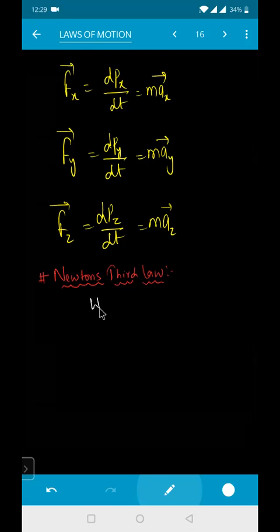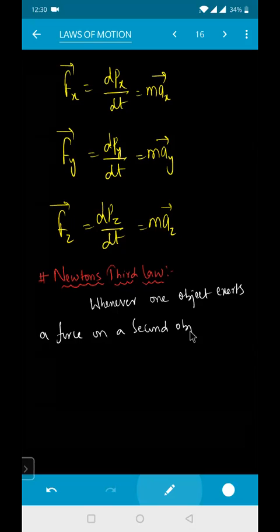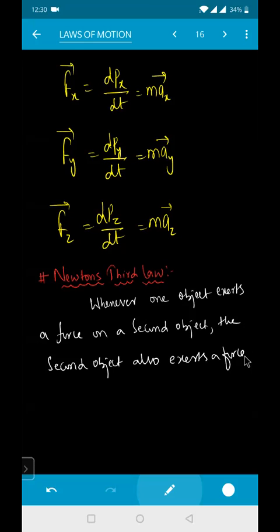So I can write here, whenever one object exerts a force on a second object, the second object also exerts a force on the first.